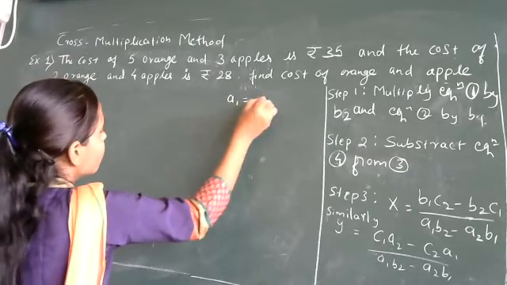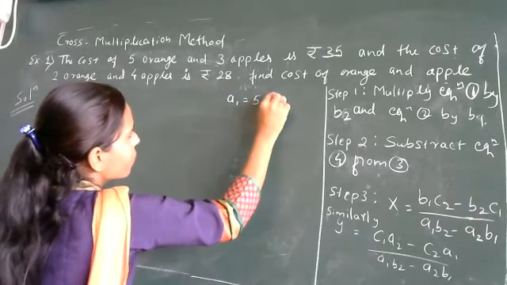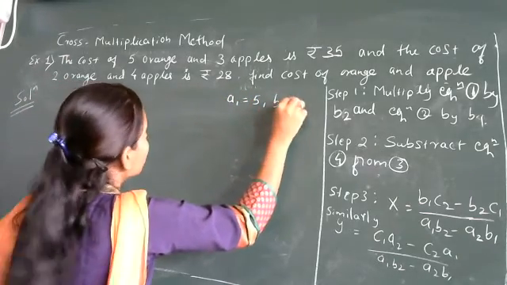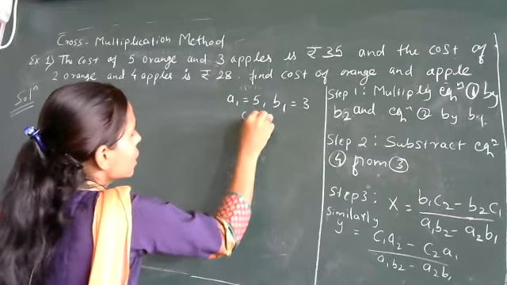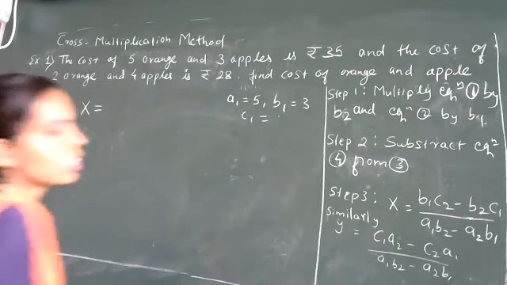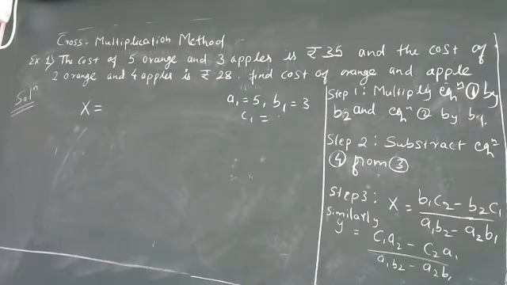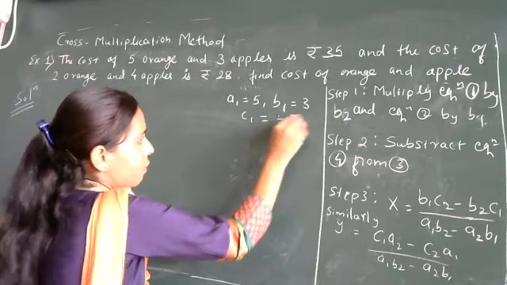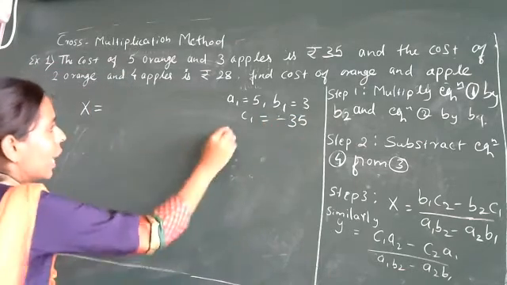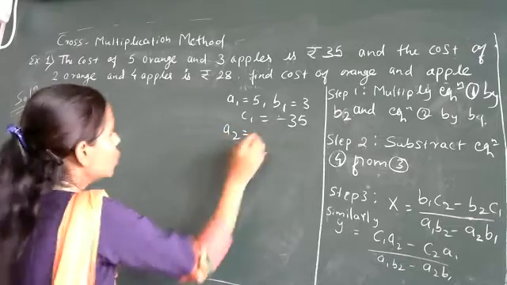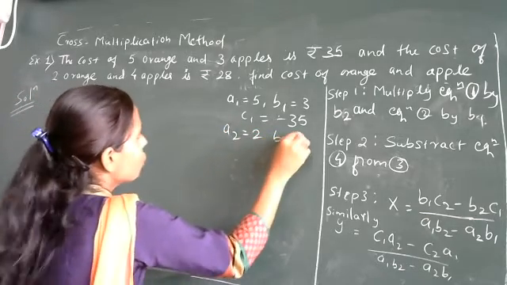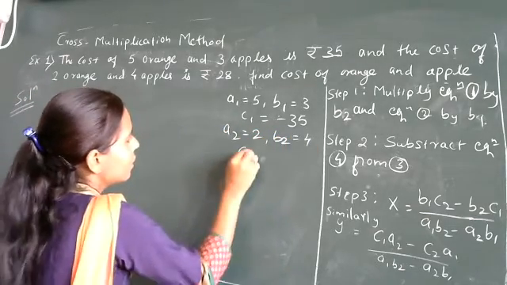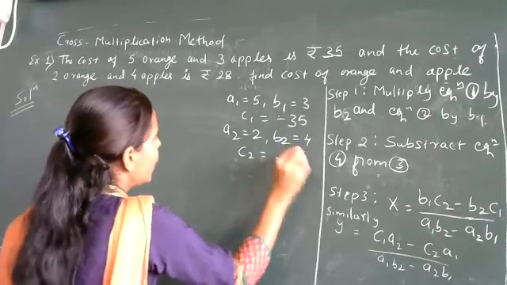A1 is 5. B1 is 3. C1 is only 35. When you take it in standard form, it is minus 35. And A2 is 2, B2 is 4 and C2 is minus 28.